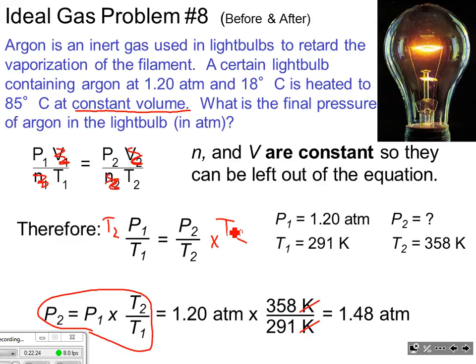I could have had P2 is equal to P1 T2 over T1. That's the same thing. I could have just done it like that. You're going to get the same answer when you multiply them and divide them out.